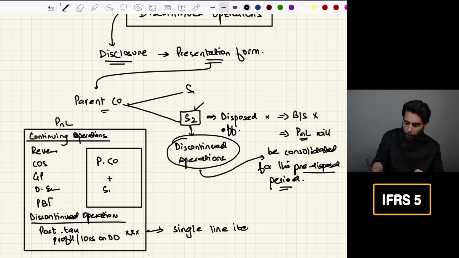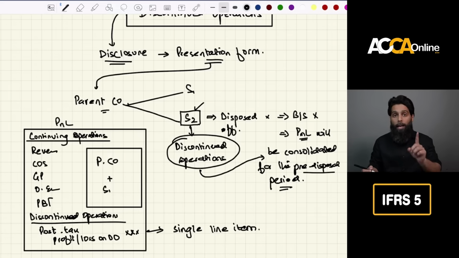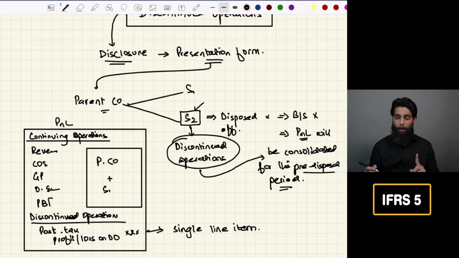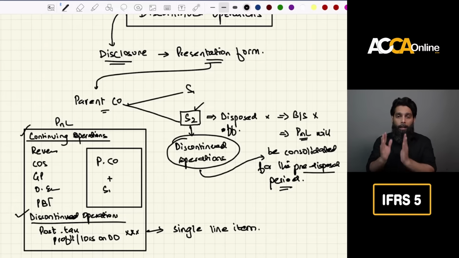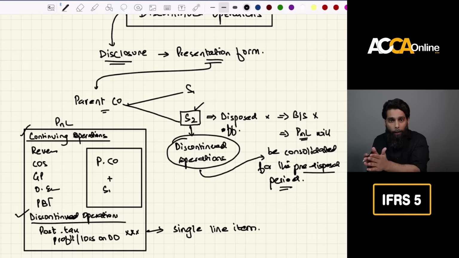So technically speaking, subsidiary number 2, if it represents a discontinued operation, remember, if it does not represent a discontinued operation, if it does not fall within the scope of IFRS 5, then no such headings are required. Then you consolidate that particular subsidiary for the pre-disposal period.